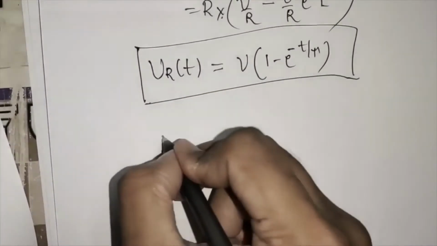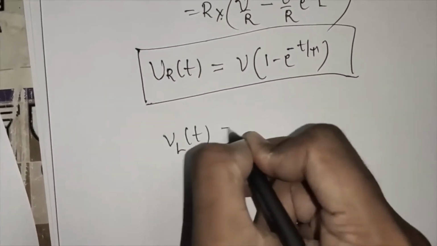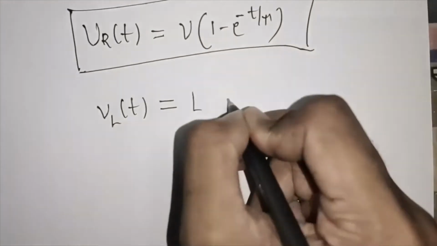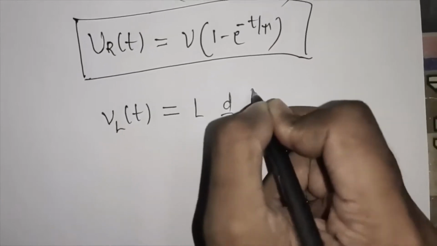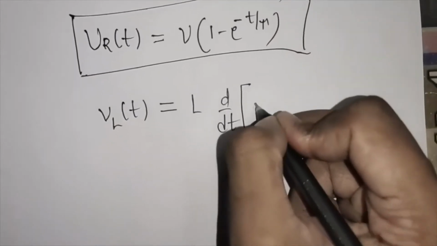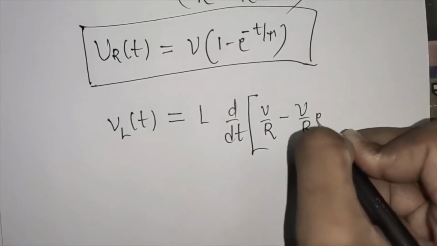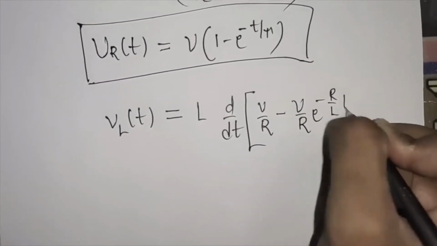Similarly, VL of t is L into di by dt, and I of t, as we know, is V by R minus V by R into e power minus R by L into t.